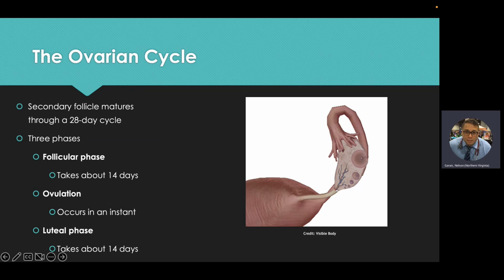The luteal phase is the recycling of all the egg's products if the egg doesn't get used. And of course, ovulation is around day 14 of a 28-day cycle, and you're going to have a surge of FSH and LH around day 13. The follicular phase is dominated by estrogen, and the luteal phase is dominated by progesterone. All right, play back these last couple of minutes because they're kind of important for future examination.